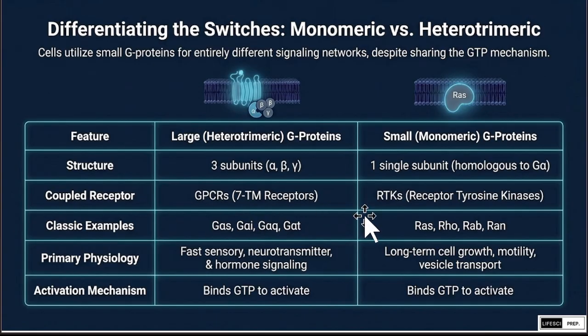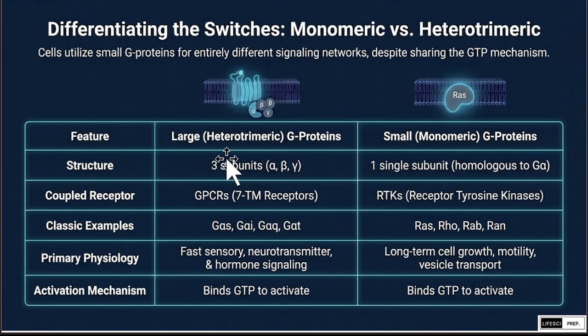The GPCR, as I said before, has two types, monomeric versus heteromeric. In heteromeric, G alpha, beta, and gamma, the three subunits, are present. And in small G protein, one single subunit is present.